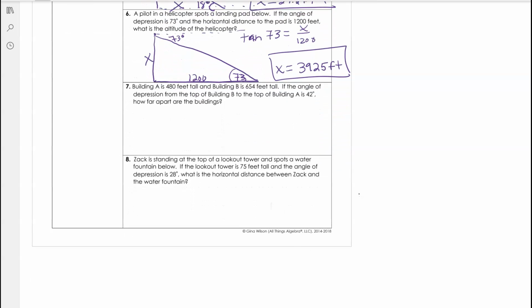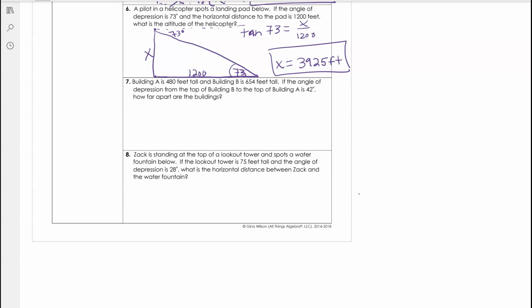All right. Building A is 480 feet tall. So here's building A, and I'm going to represent it with 480. Building B is 654 feet. The angle of depression from B to A is 42 degrees.